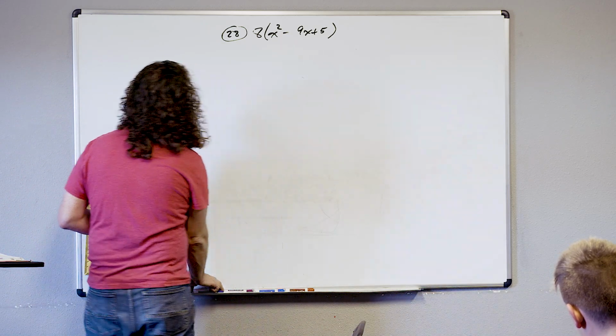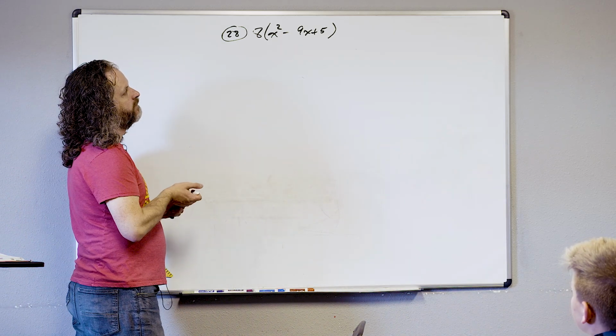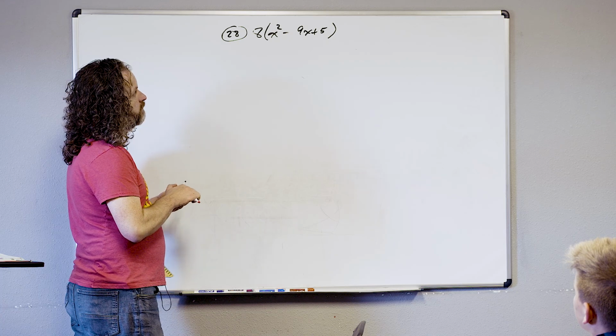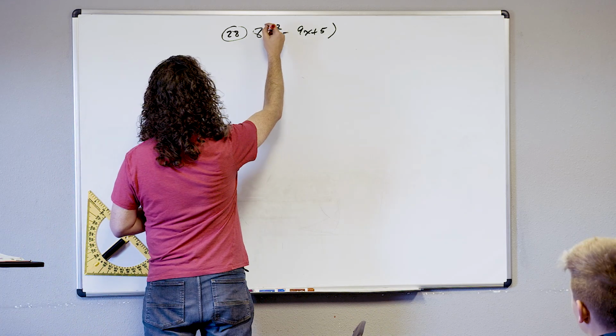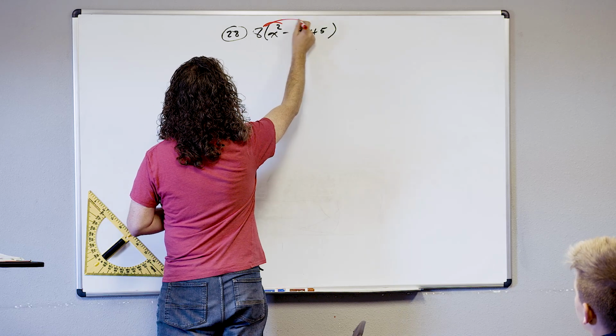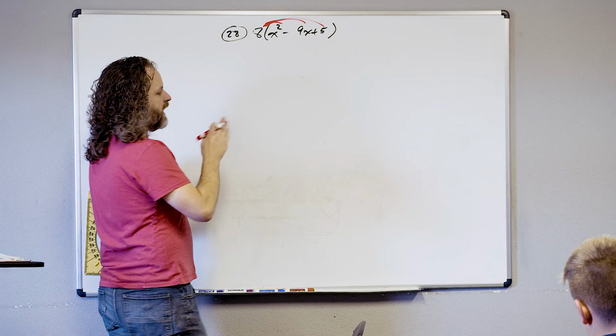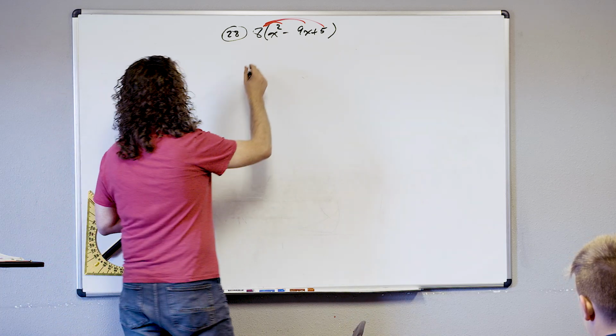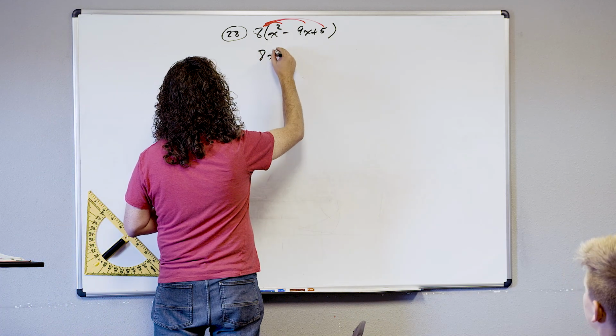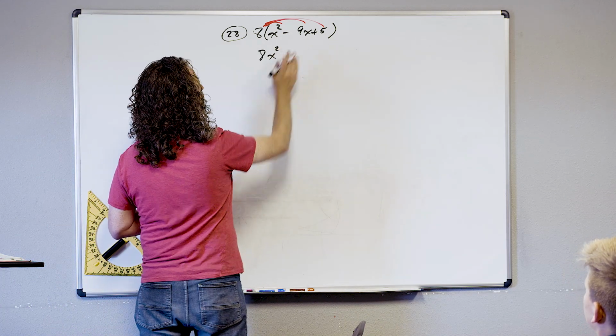All right. What do we do? We distribute 8 times everything. What is 8 times x squared? 8x squared, that's true enough. What's 8 times negative 9x?